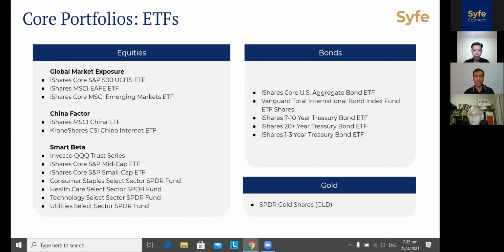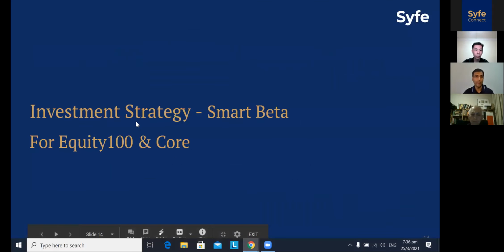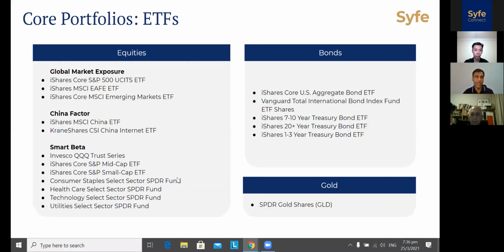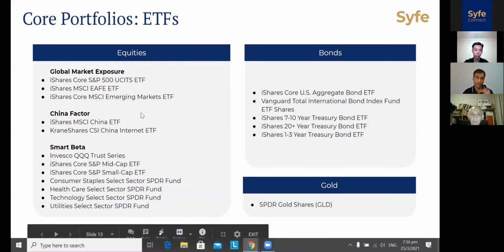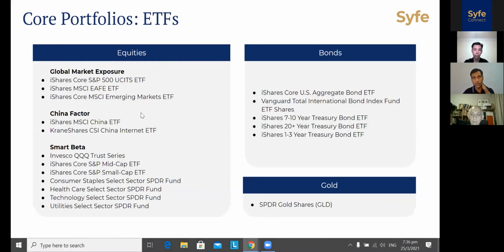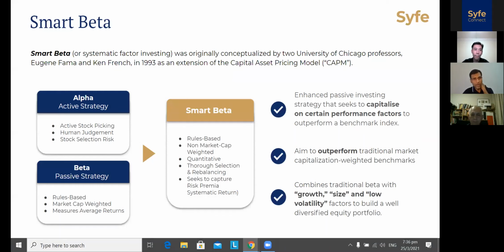So they have equity, bond, and gold, and depending on your risk appetite, you can choose defensive, balanced, growth, and all of those profiles. But if you're looking at only, say, the equity portion, then we also have that option for you, which is the equity 100 portfolio. The reason it also mentions core here is because the smart beta element is embedded within the equity portion of the core portfolio as well, right? So let's cover equity 100 in more detail.